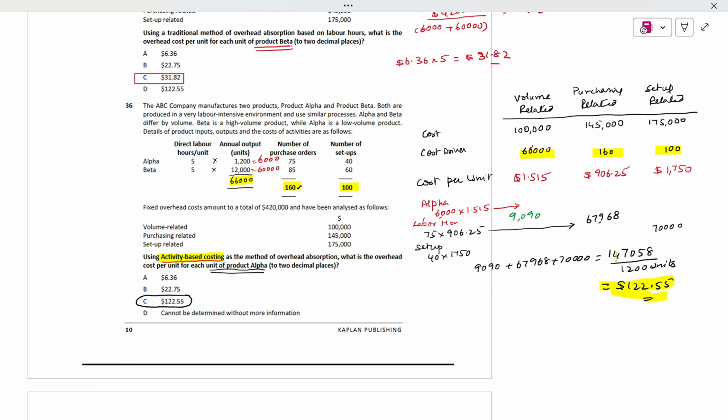Okay, is it okay? Once we solve more than one question, it will be easy to understand.